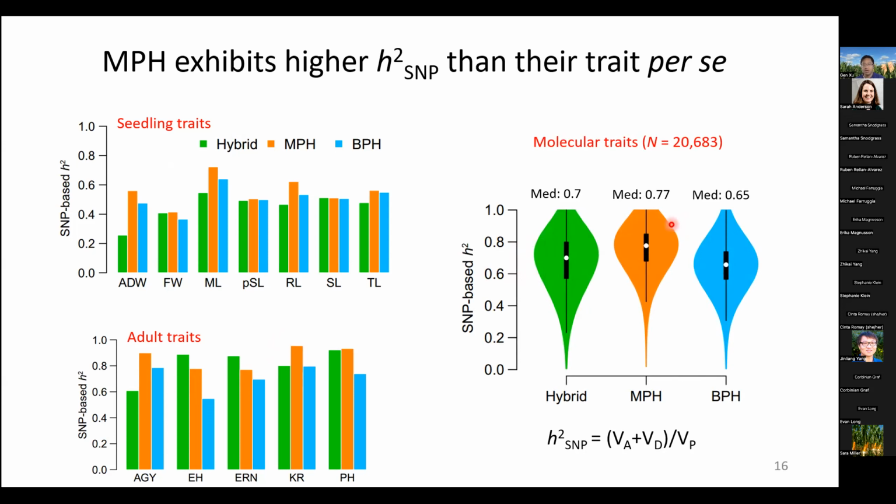For the middle parent heterosis, the median value of SNP-based heritability is 0.777, and it's significantly higher than that in the hybrids and BPH. It tells us the middle parent heterosis exhibits a higher SNP-based heritability than the trait per se.